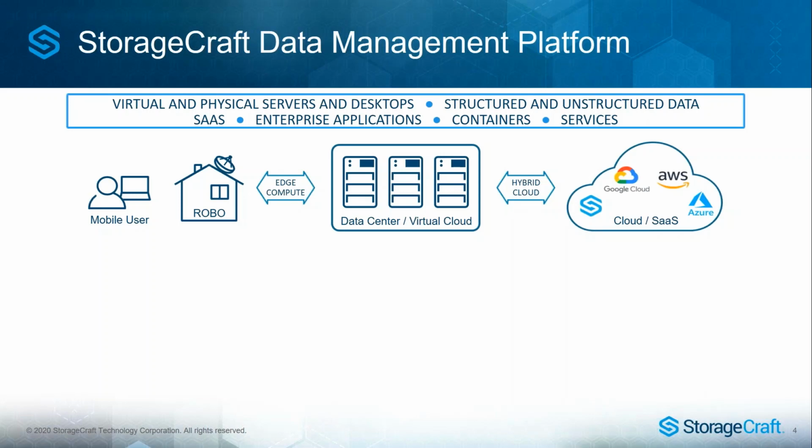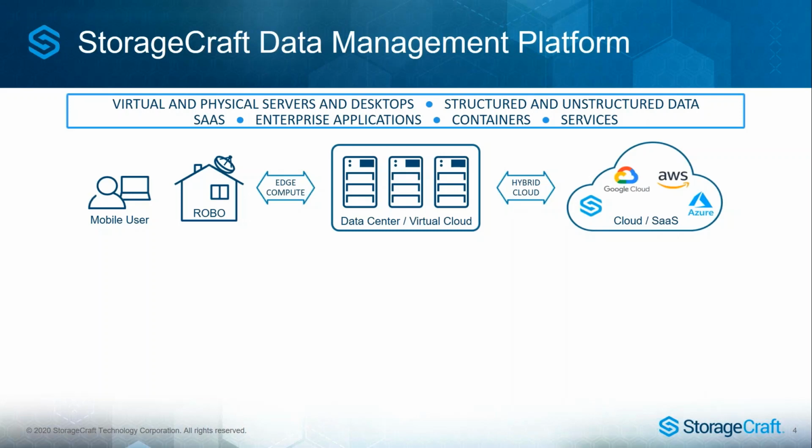Obviously, virtual and physical servers and desktops, that's where everything kind of got started. But we're seeing a huge increase in the need to protect unstructured data, right? Structure has always been an element of data protection and recovery, but we're seeing all kinds of growth in unstructured data and different types of media.